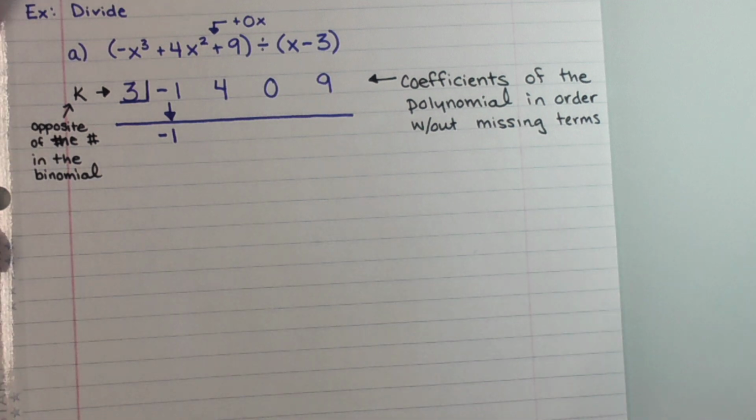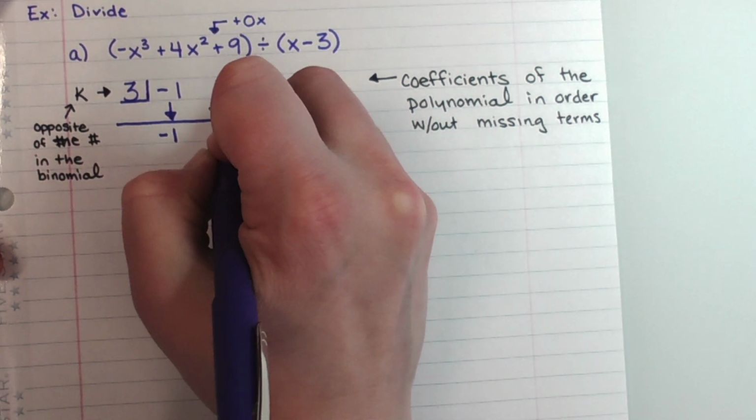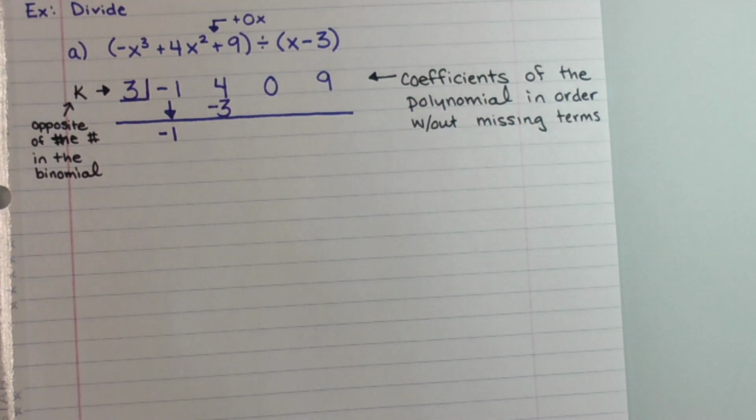Negative 3. Put that here. And the process of synthetic division goes, once you get the structure and you pull down the first term, multiply, then add, multiply, then add, as many times as it takes till you get that entire bottom row.